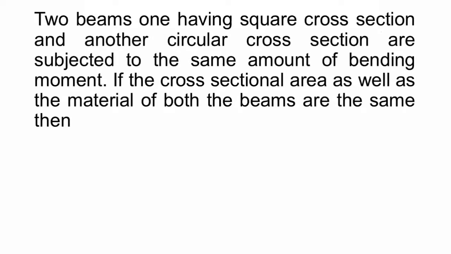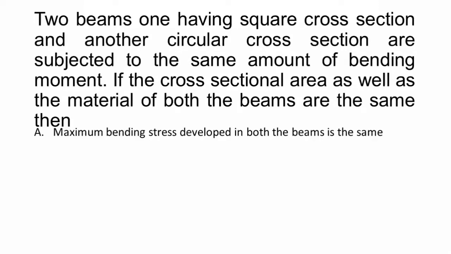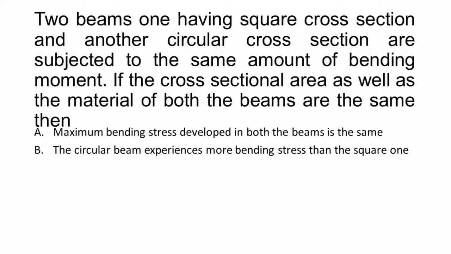Next, two beams, one having square cross section and another circular cross section, are subjected to same amount of bending moment. If the cross sectional area as well as material of both the beams are same, then there are some observations. Maximum bending stress developed in both the beams is the same. Circular beam experiences more bending stress than square one.